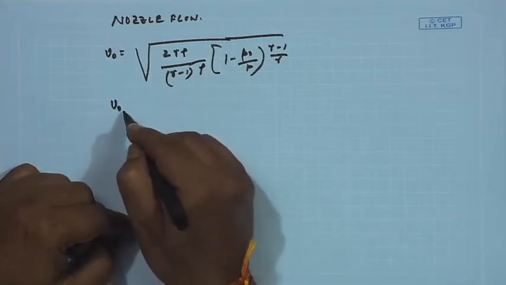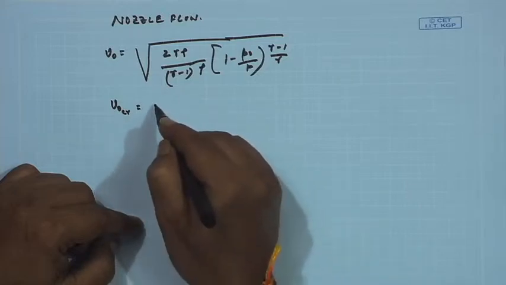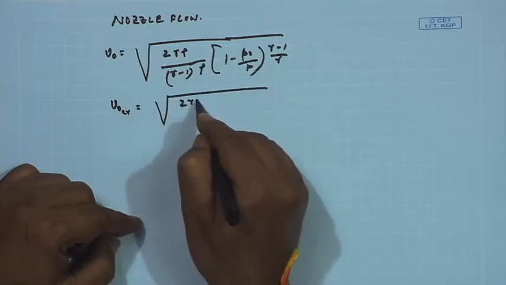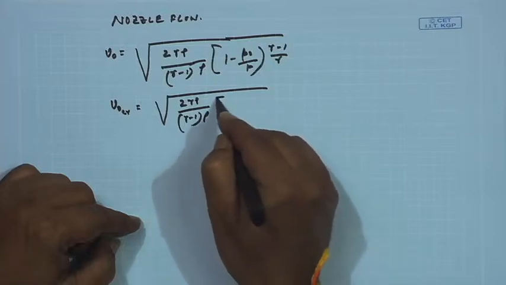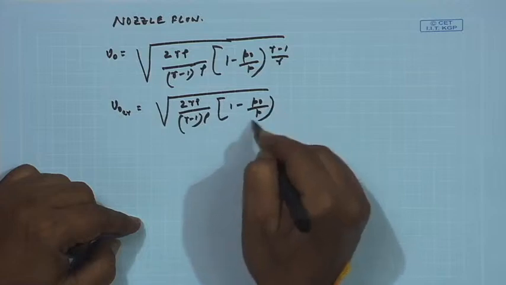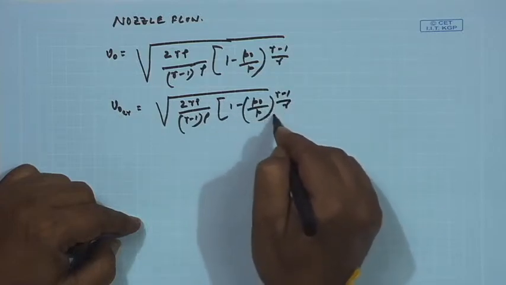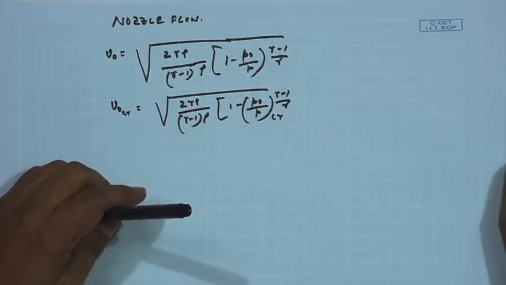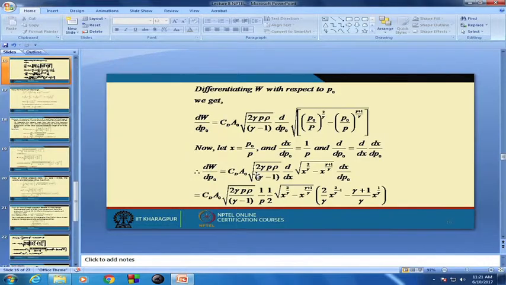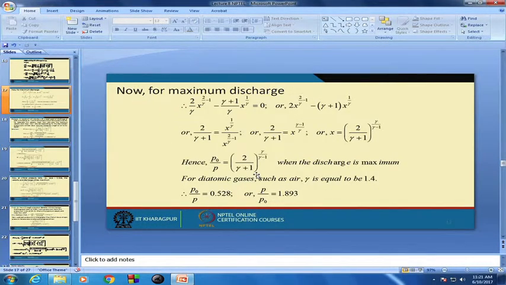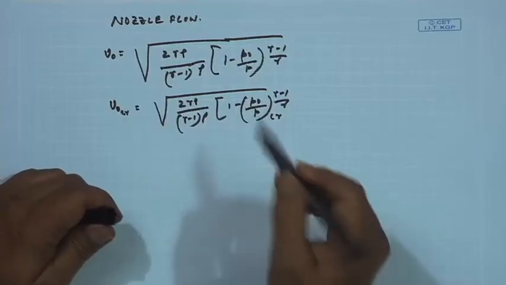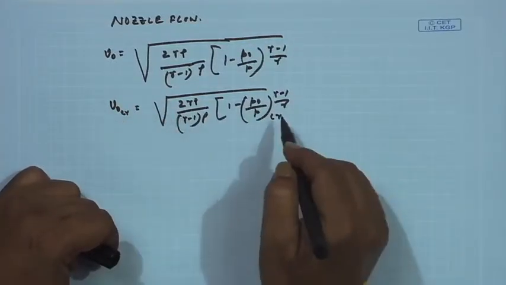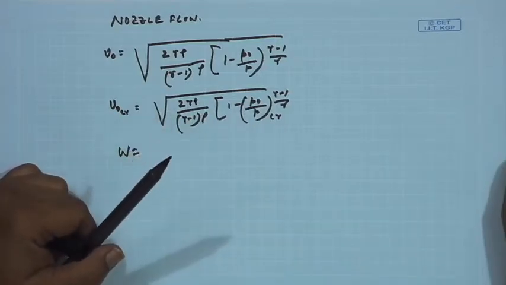The velocity under maximum, which we call the critical velocity, was the same expression under critical condition, with p0 by p critical. And W was given like this.